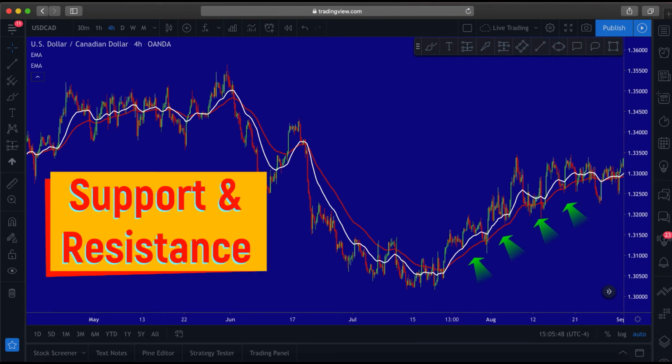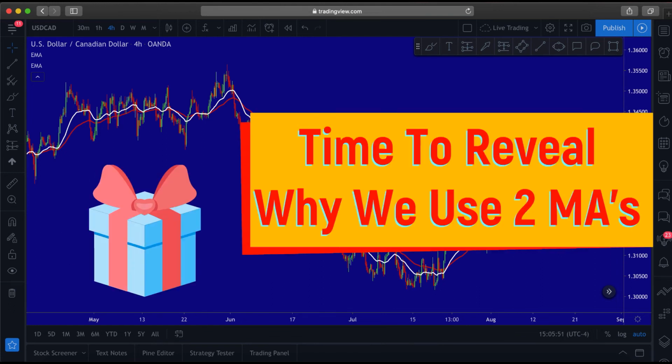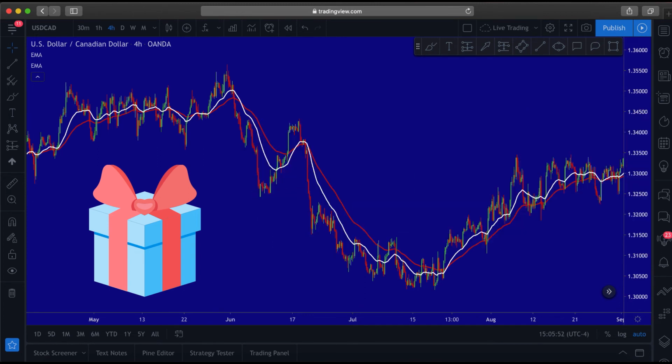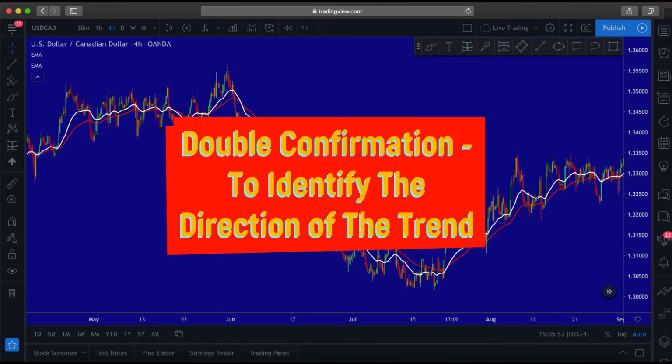This would be known as support and resistance, where price action was clearly respecting the two exponential moving averages. Now, to reveal the reason why we use these two indicators: they provide a double confirmation of the direction of the trend.